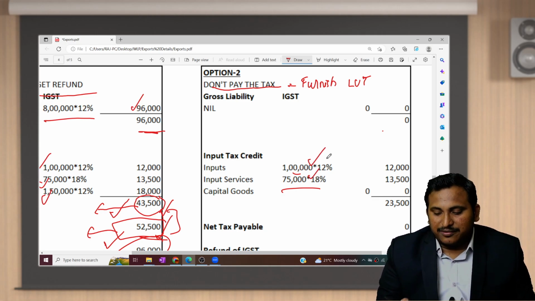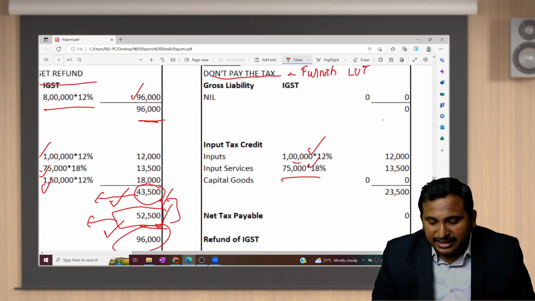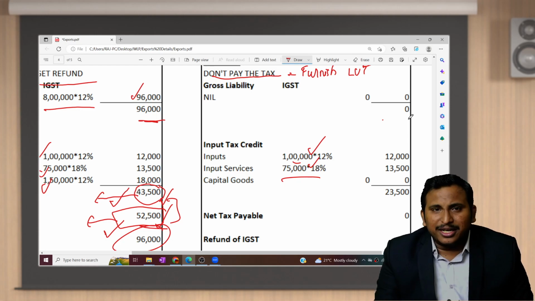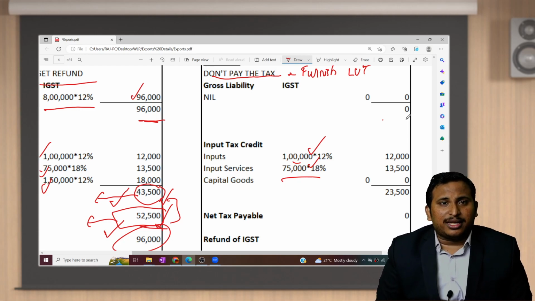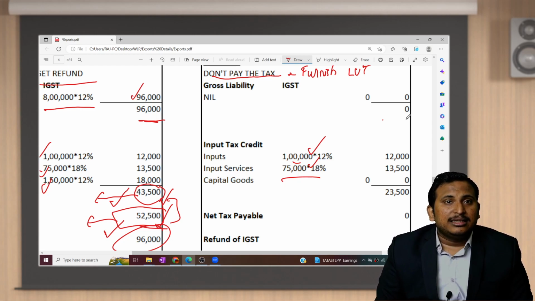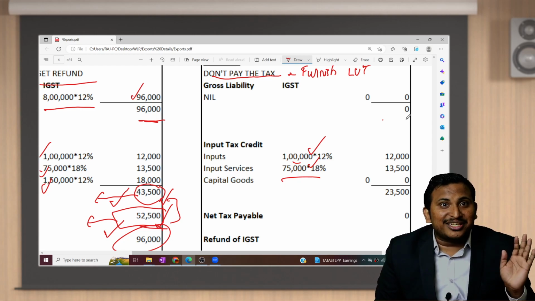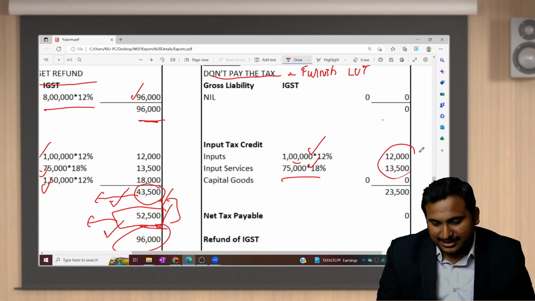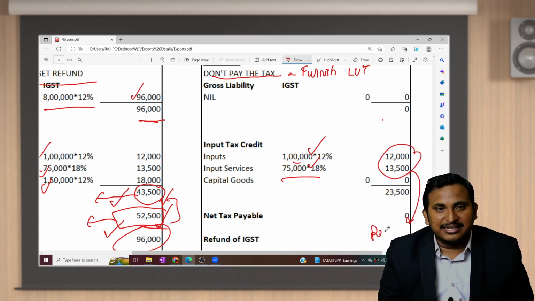On input services also you might have got something. Then what is the net tax payable? Net tax payable will be nil only. First of all, tax liability itself is not there. Sir, what about these tax credits, ITC? I have already paid at the time of purchases. Today, can I get it as a refund? The answer is yes. To this extent, you can get it as a refund.